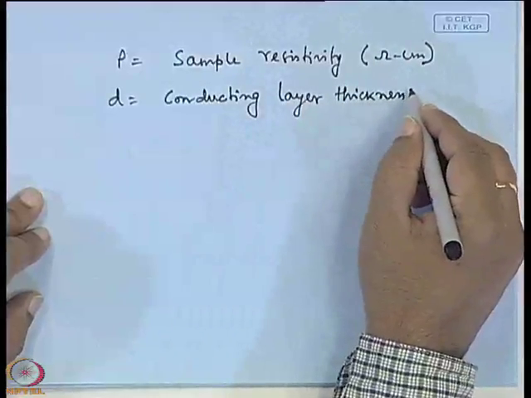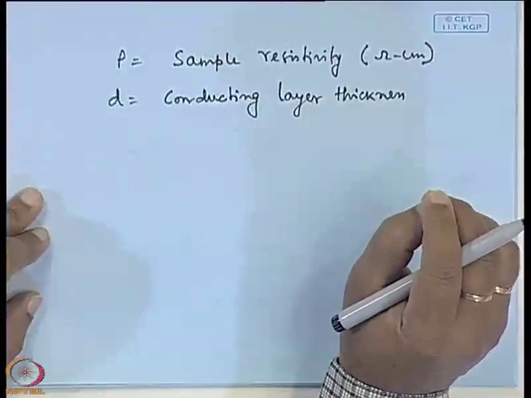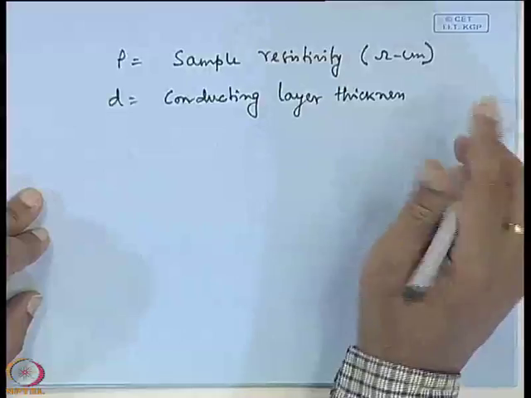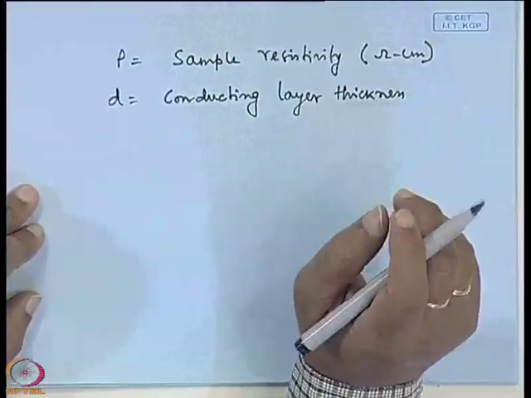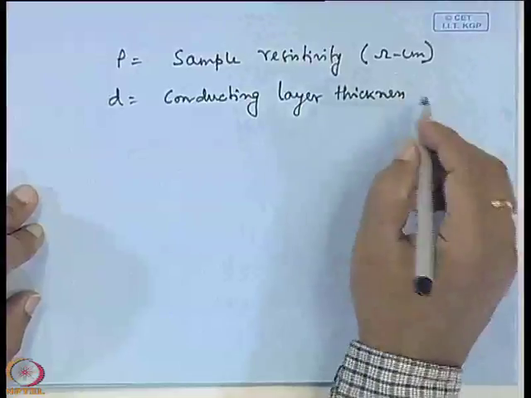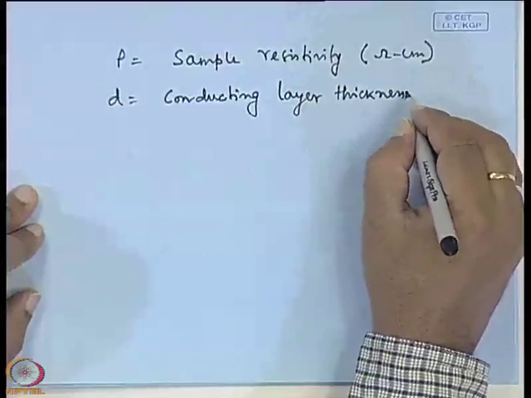Since we are considering the epitaxial layer only, a very thin film layer, the conducting layer thickness means the thickness of the epitaxial layer, and this is in centimeter.